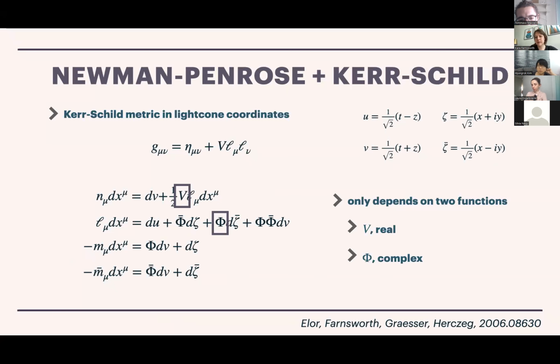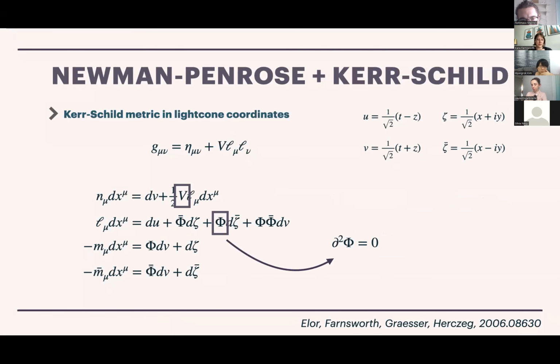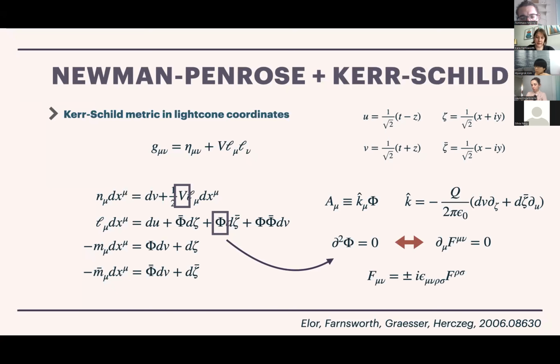And the nice thing about this is that phi actually obeys an equation of motion, which is box phi equals 0. And so right away we know that we can use that K hat operator, which now I've written down explicitly in these light cone coordinates. And that's going to give me a solution to the self-dual vacuum Maxwell equations.